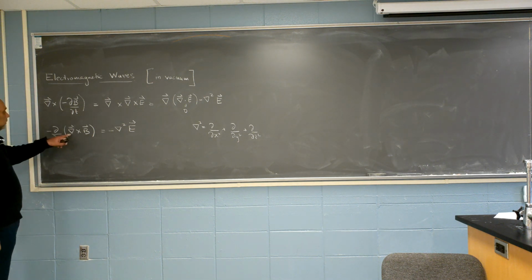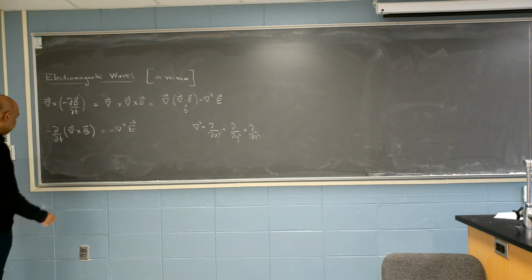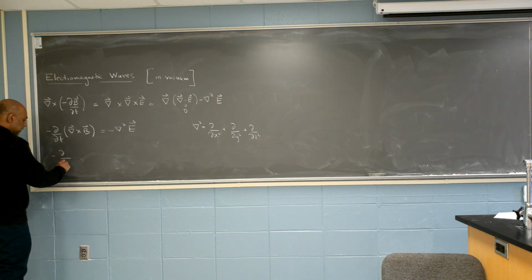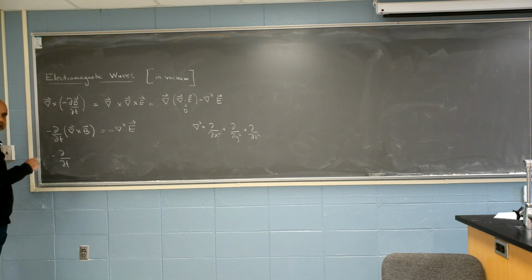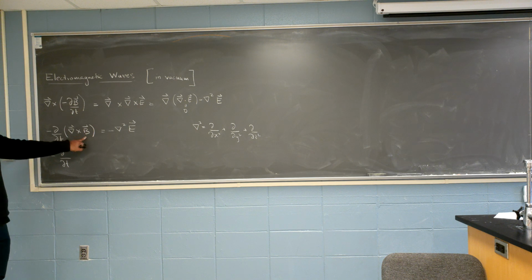Now, del cross B is what? Normally there'd be a J term, mu naught J, that goes to 0. And then you get mu naught epsilon naught dE/dt, sorry, if it's del cross B, it's the other one.